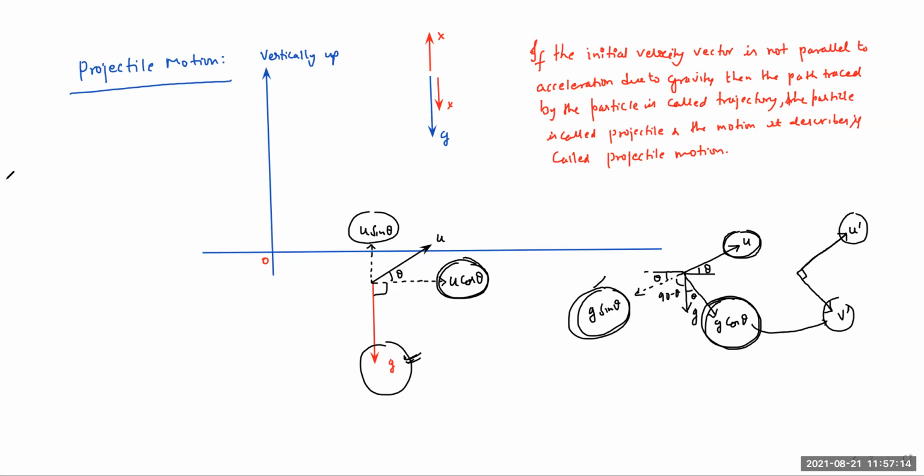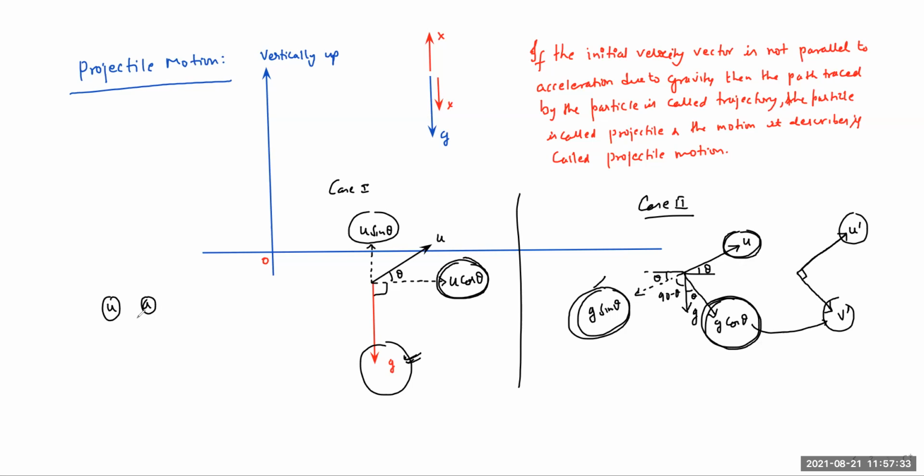So you can see that in the first scenario, the rule is, let's say you have two vectors, u and a.